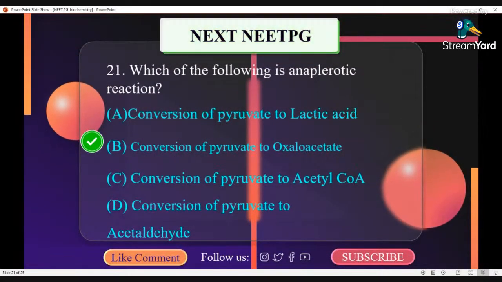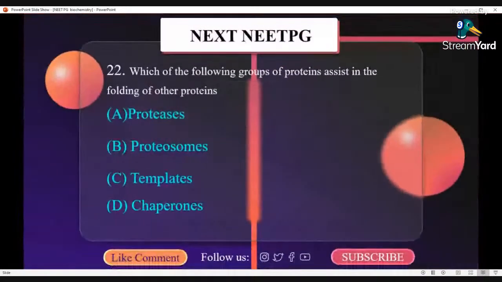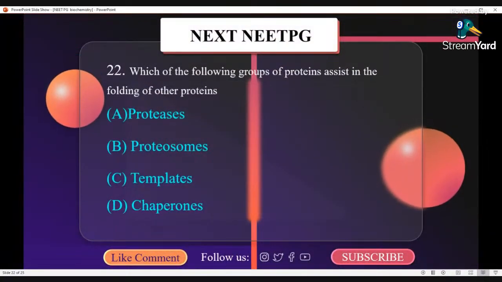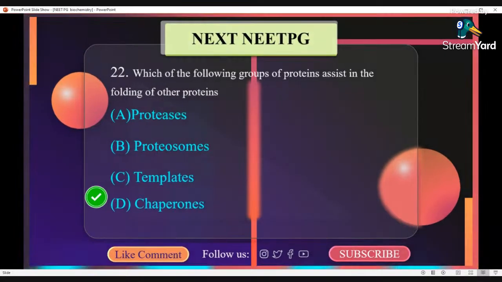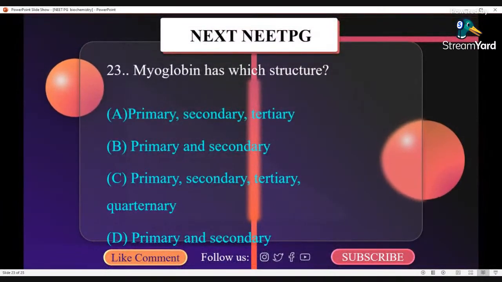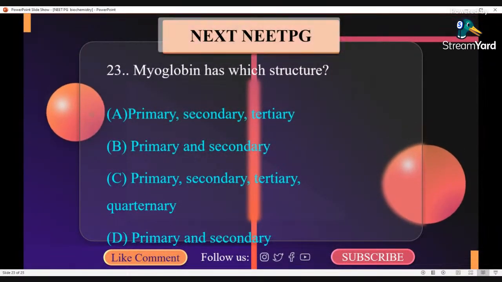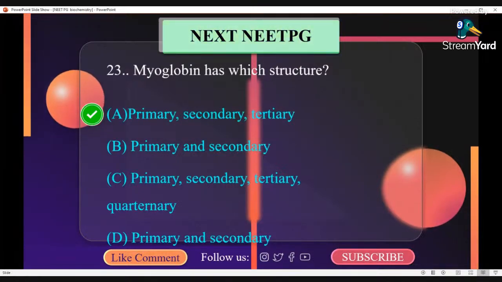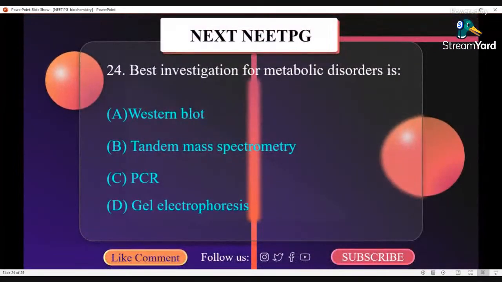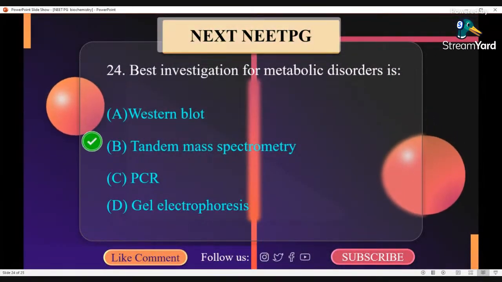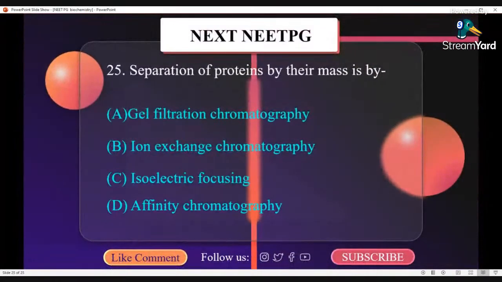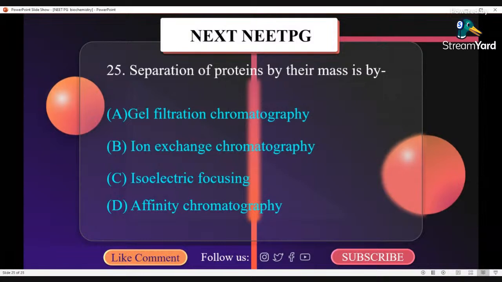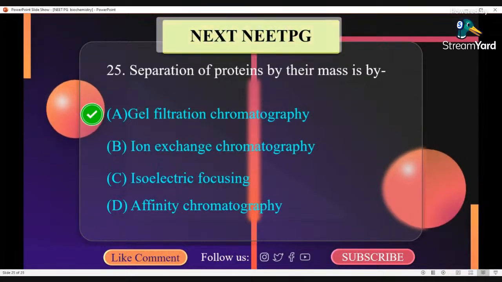Conversion of pyruvate to oxaloacetate. Which one of the following group of proteins assist in folding of other proteins? It is chaperones. Myoglobin has primary, secondary, and tertiary structure. Best investigation for metabolic disorders is tandem mass spectrometry. Separation of protein by their mass is done by gel filtration chromatography.